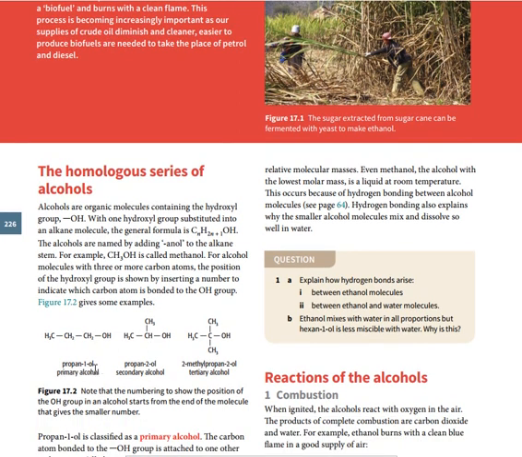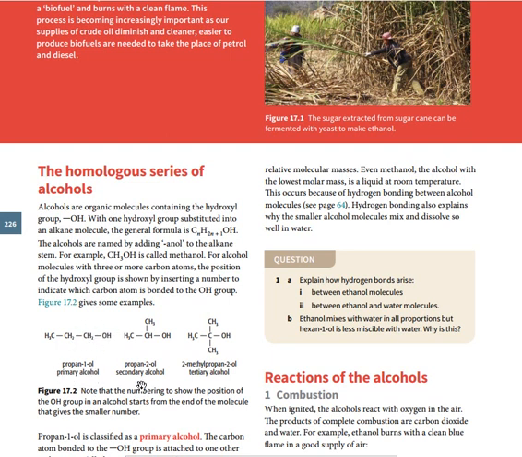We need to know how to distinguish between primary, secondary, and tertiary alcohols. In a primary alcohol, the OH group is bonded directly to a CH2 group.